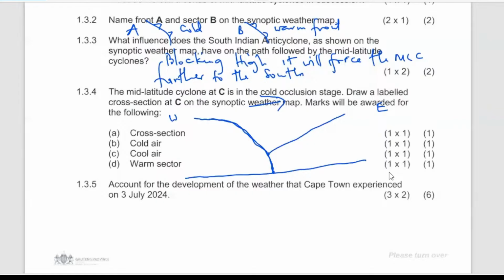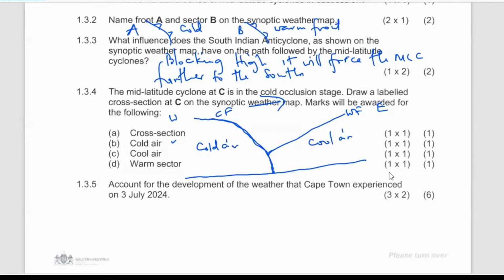Our warm front starts from the top, touching the cold front, going in that direction. And we want to indicate the direction of the cold air. So we must label, this is our cold front, and this is our warm front. Right. So where is the cold air? The cold air is from behind here. And this one becomes the cool air.